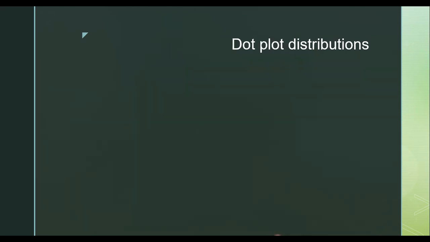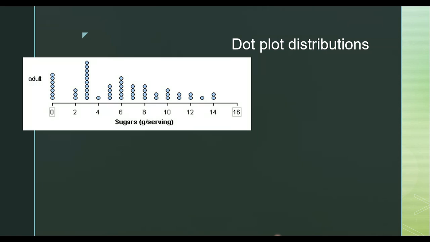All right, so like I said, there's so many different distributions, there's dot plot distributions. We started off stats talking about dot plots, right? So, you know, there's a dot plot. This is for the sugar amount in children's cereal, I think. And if I were to create a distribution of this or wanted to see the skew of this distribution, this tells me that, wow, this number 3 has a lot of sugars there.